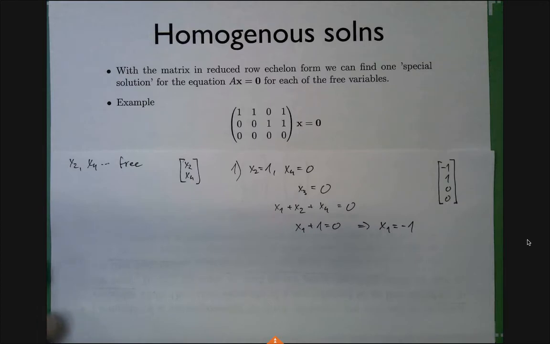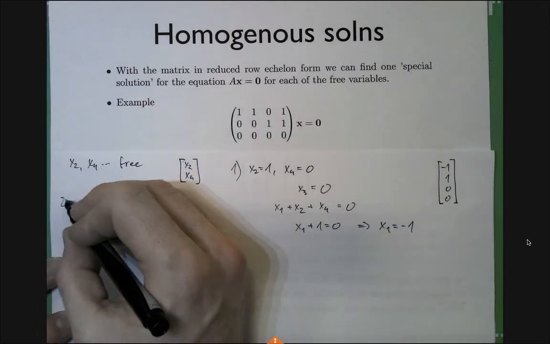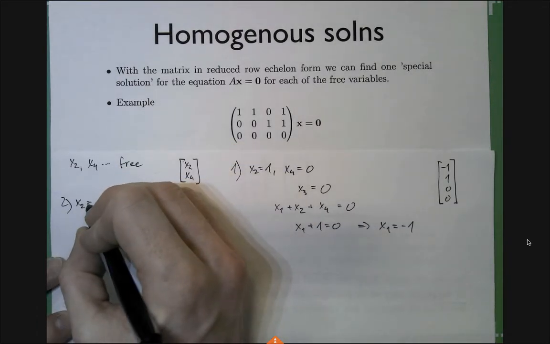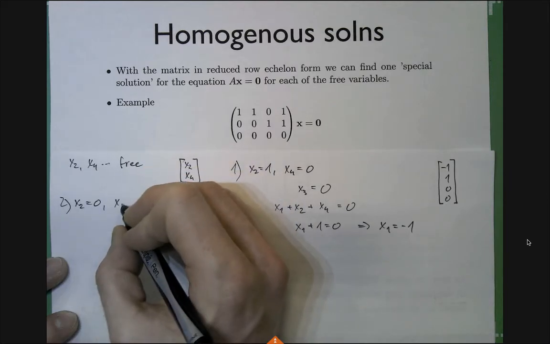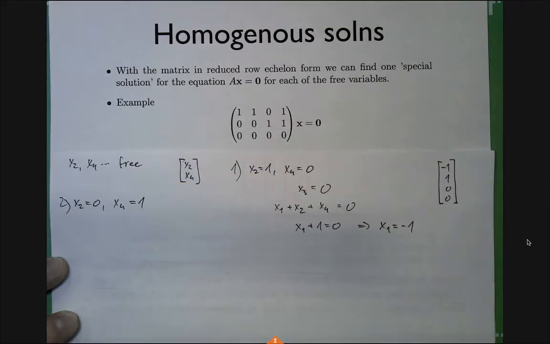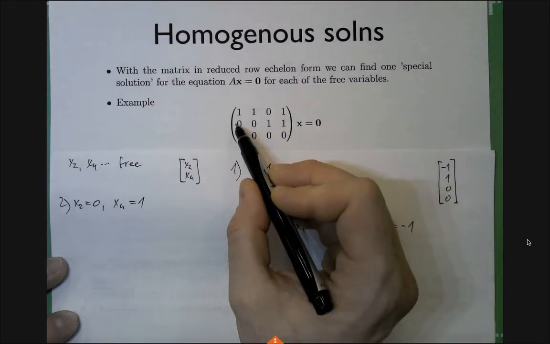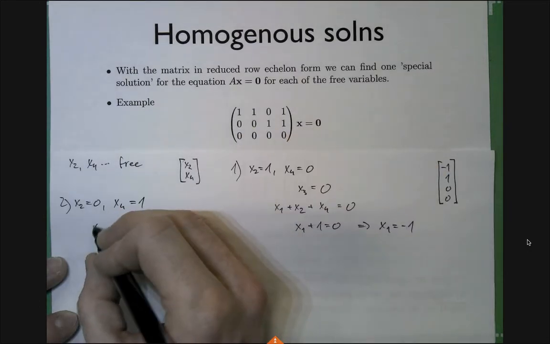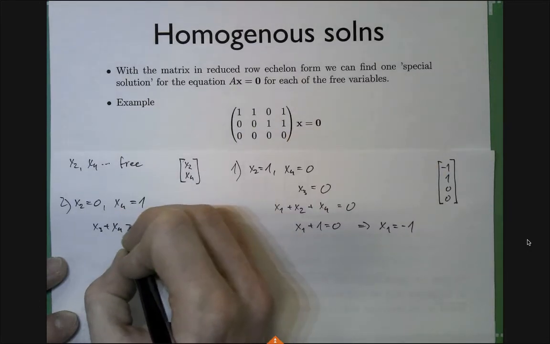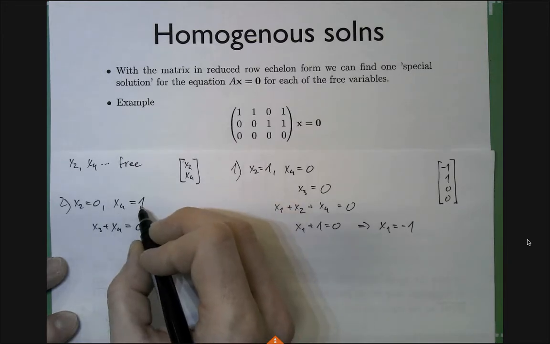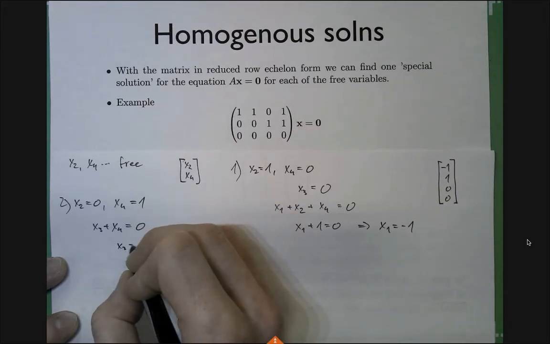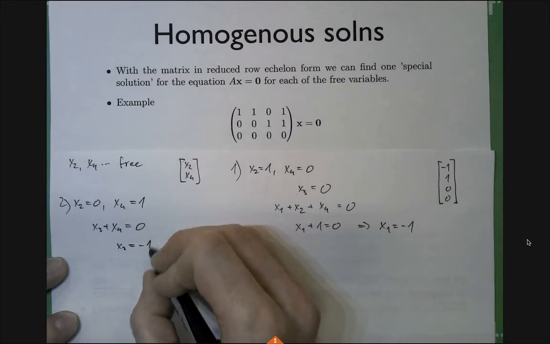Well, there is another one hiding there, right? And the way I will get it is by setting x2 to 0 and x4 to 1. So let's see what happens if I do this. The third equation reads x3 plus x4 equals 0. I know that x4 is 1, so that means that x3 must be minus 1.